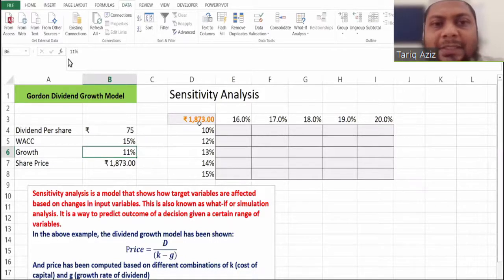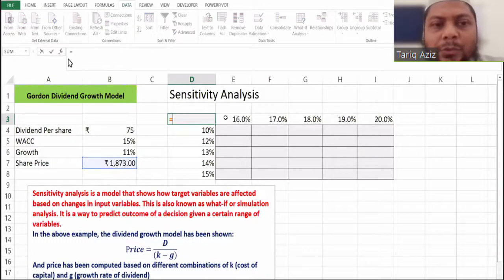So in this case, we can take the help of the sensitivity analysis feature that is available in most spreadsheet software. So what we can do here is provide a reference of the outcome. This is a kind of table in front of you. At the upper left hand corner, we are providing the reference of the outcome, which is the share price.